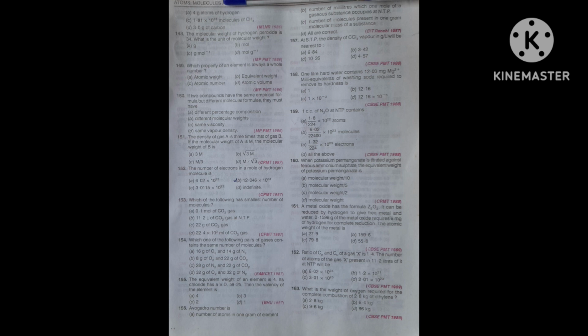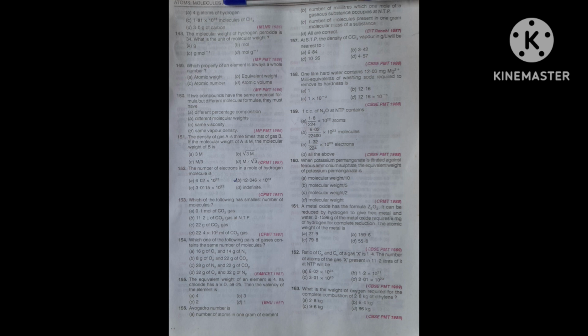Its correct answer is molecular weight divided by 5. Why divided by 5? For that you should write the balanced reaction equation: ferrous ammonium sulfate plus H2SO4.